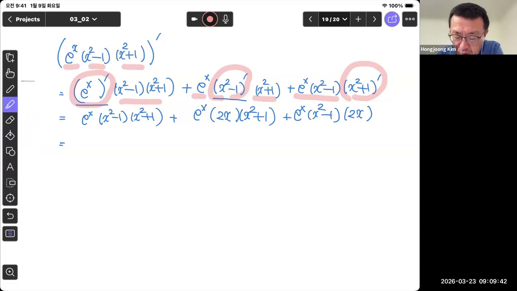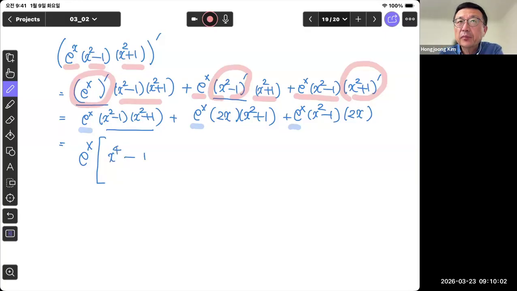So in this result, e to the x is common. So I have e to the x, and when I consider the expansion of x squared minus 1 times x squared plus 1, you get x to the fourth minus 1. You can check.